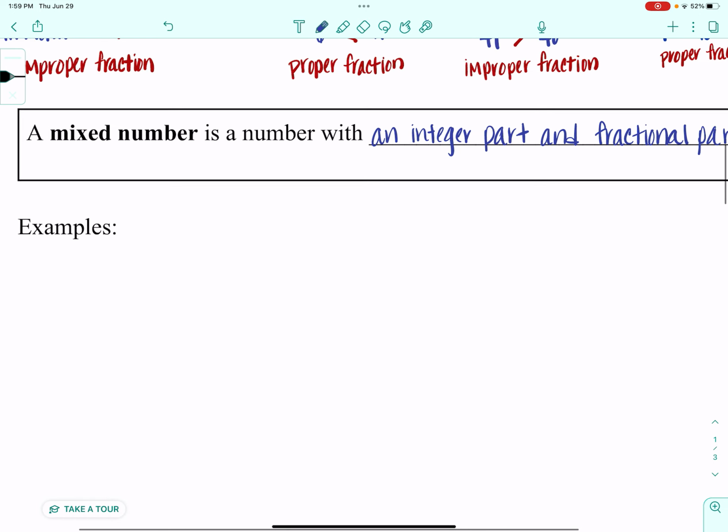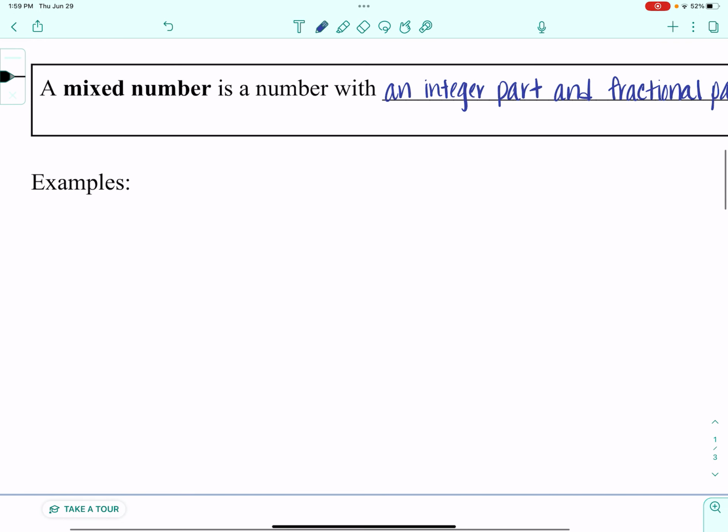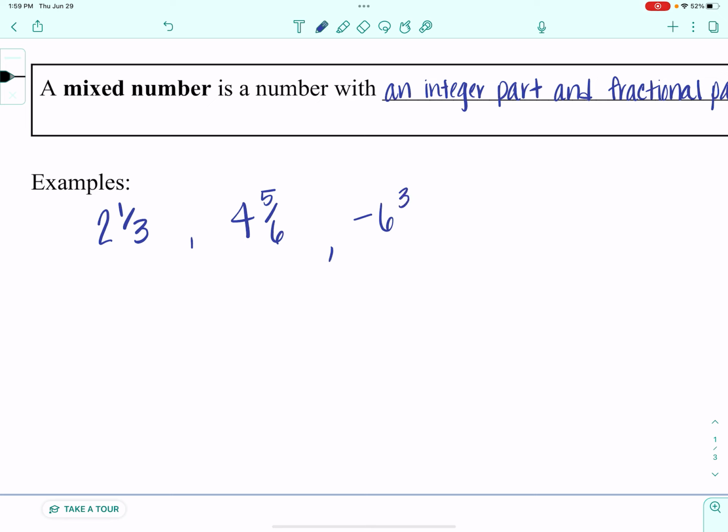So it would look like maybe 2 1/3 or 4 5/6 or -6 3/5.